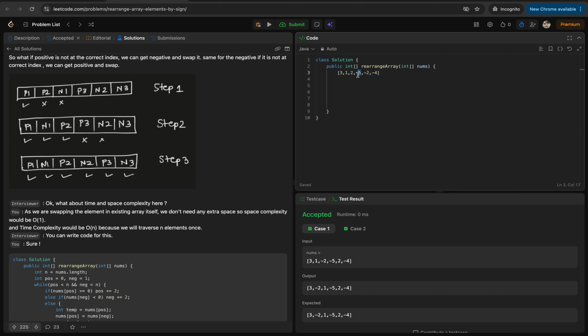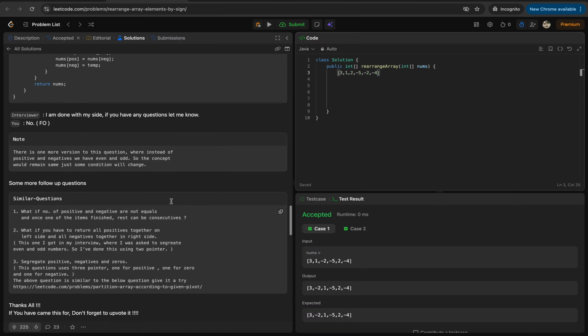Next we'll go to this, it is negative. No, we will go on the positive indexes and we'll check. Whenever we find a negative, we will swap it. So this will become -2, and then we'll go to the next -2. This is correct, I think. Yeah, this should work. This is cool.